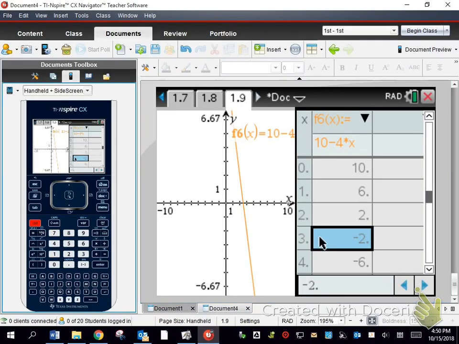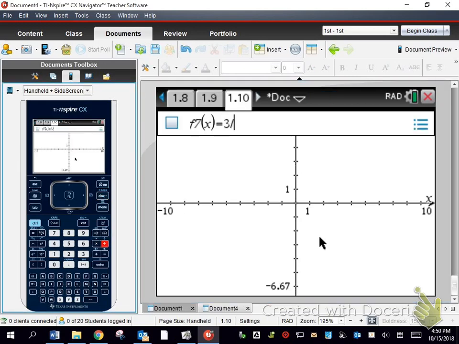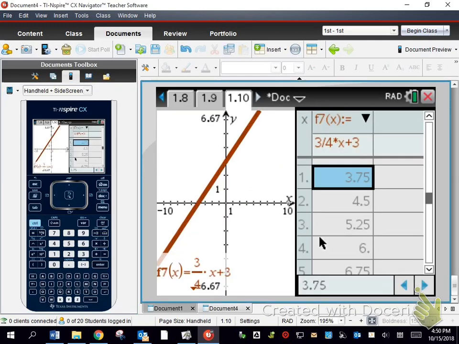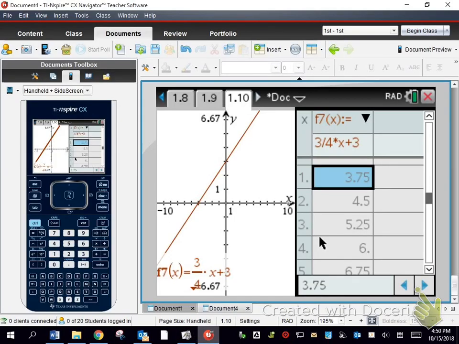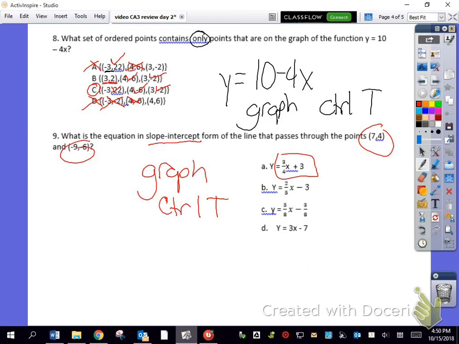So Control Doc, go to 2, and it was 3/4 x, and then I believe it was plus 3. Enter. Now hit Control T, and there are 2 points that you wanted. You wanted 7, so go down to 7. 7 is 8.25. That does not match, so I don't have to stay there, okay?